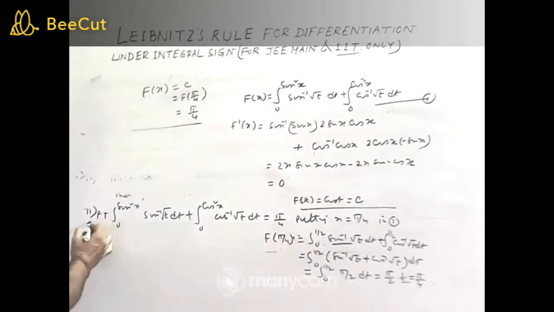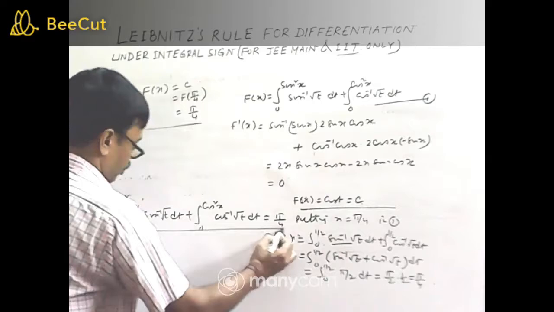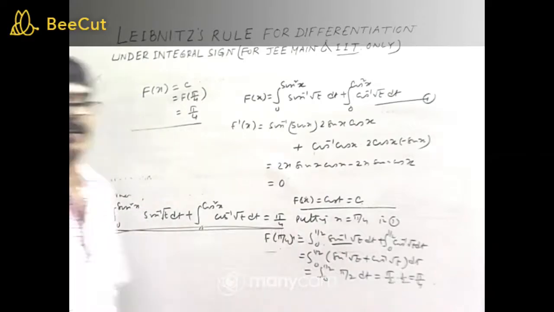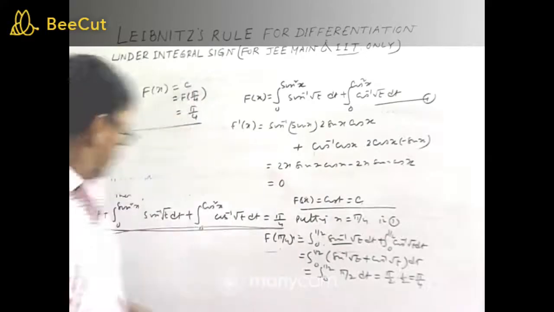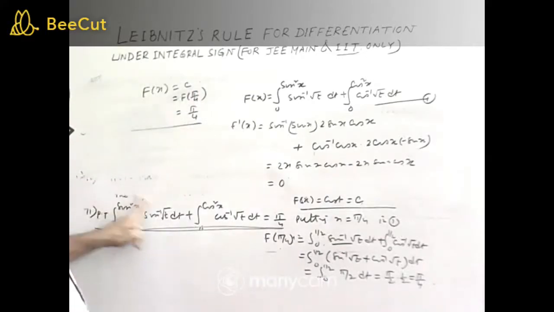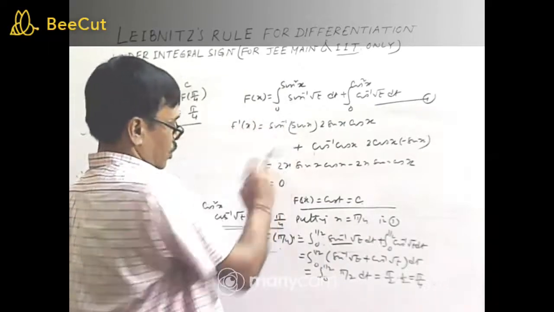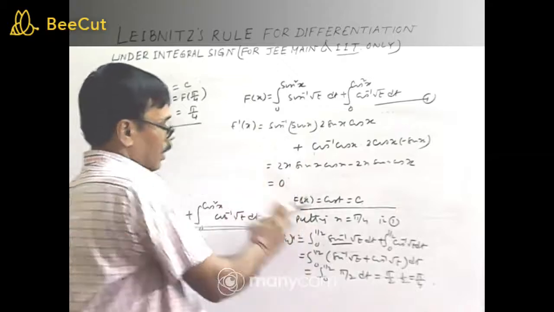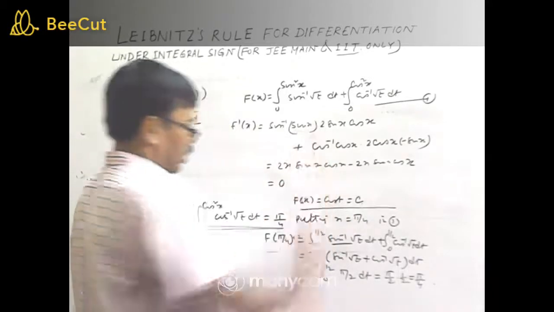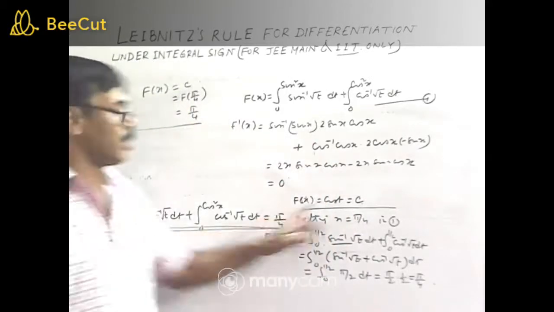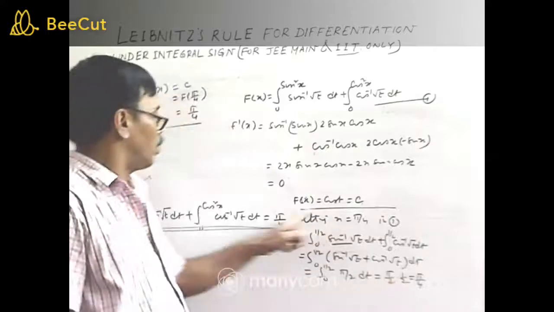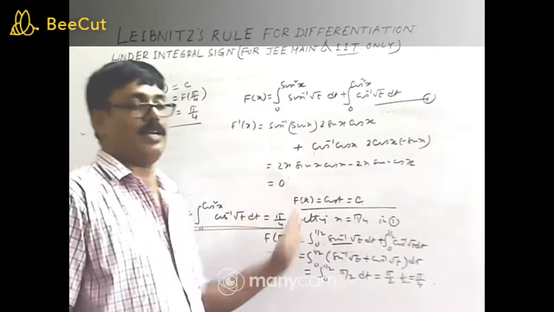So this is problem number 11. So what is the value of the integral? Look again, this is F(x). Most interesting problem. Differentiating, we get F dash x equals 0. Now integrating, F(x) equals c. Now if F(x) equals c, it is constant for any value.